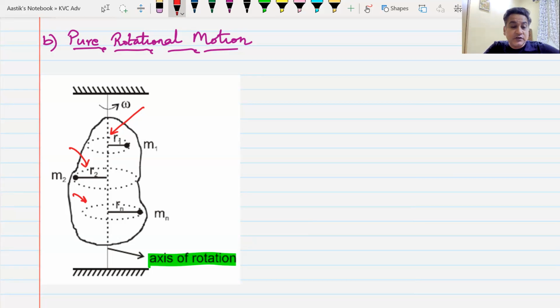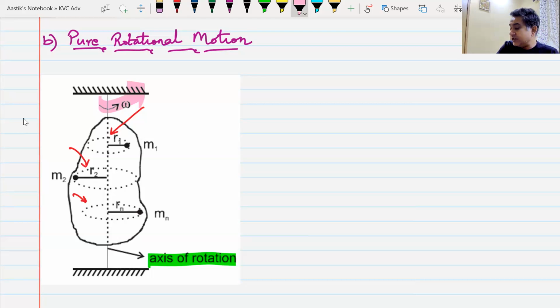Then the motion is known as pure rotation, and all of them will rotate with the same angular velocity. They will turn together by the same angle. Do we understand this? This omega is then known as the angular velocity of rotation, which is the same as the angular velocity of circular motion of all these particles. Do we understand this? Yes or no?